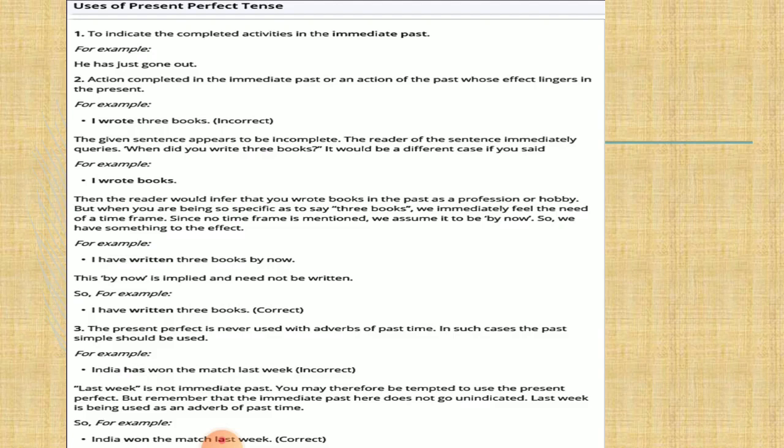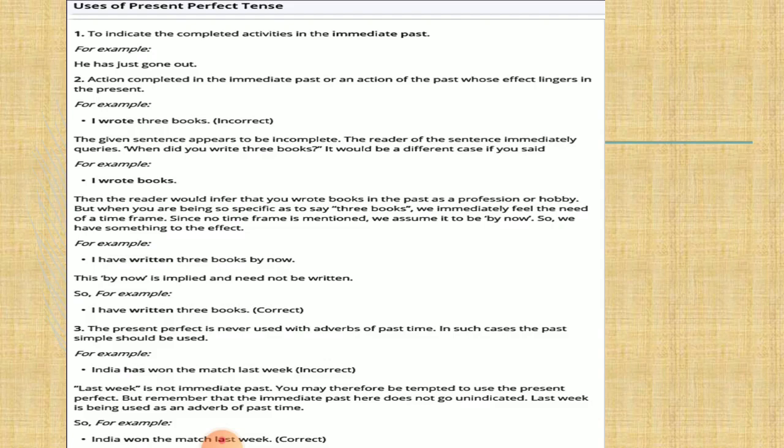So, first rule, to indicate completed activities in the immediate past when the time is not given and we assume or presume that the activity has just finished, so he has just gone out. Here we use the present perfect. For an action whose effect is lingering in the present, but it started in the past, like for example, the correct one is I have written 3 books by now.